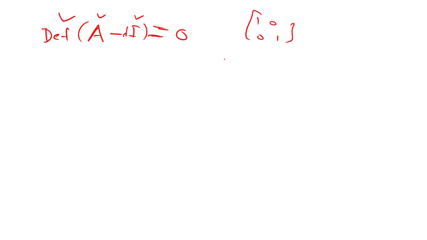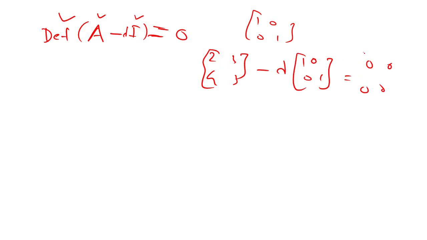Okay, so you can find the eigenvector and eigenvalue by this. When you solve this equation, you will be able to find the value of lambda. Okay, so that's how you find the eigenvector and eigenvalue.